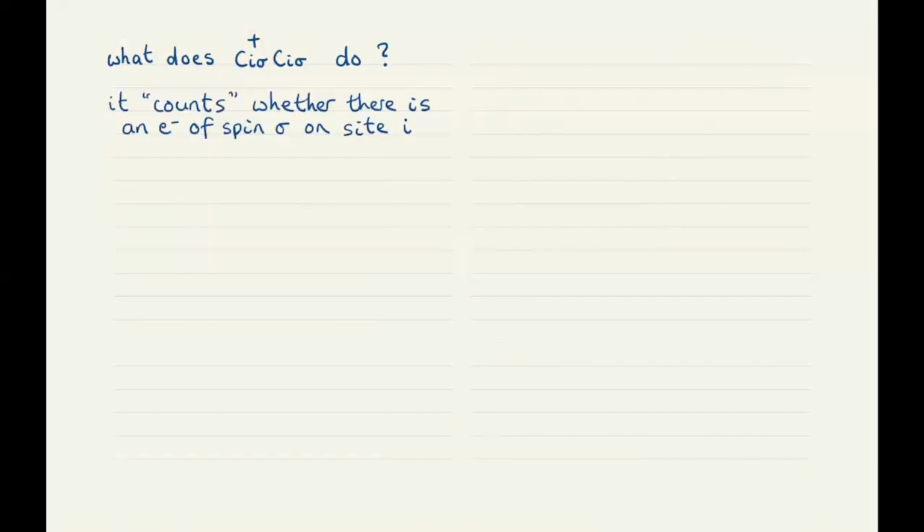So for example, let's write down some general wave function which has an electron sitting on site I, and I operate on it with C sub I sigma dagger C sub I sigma.